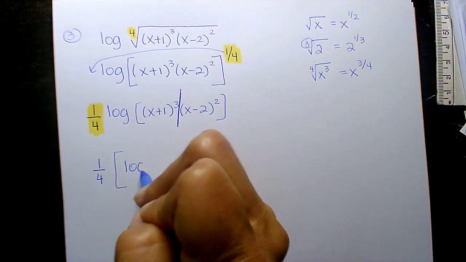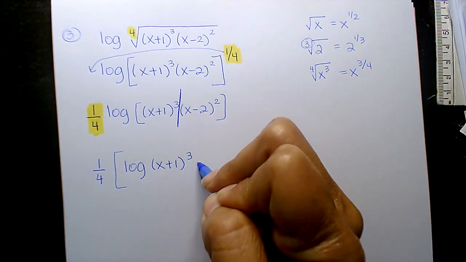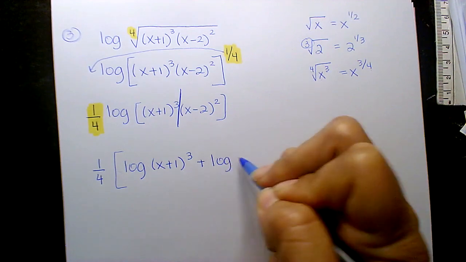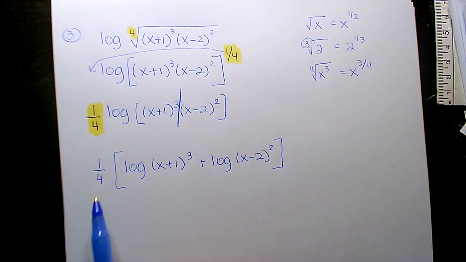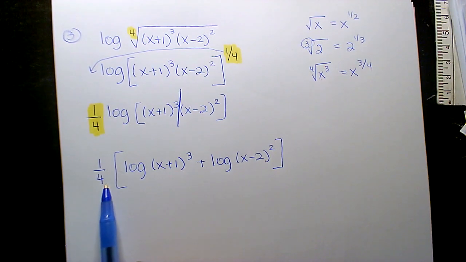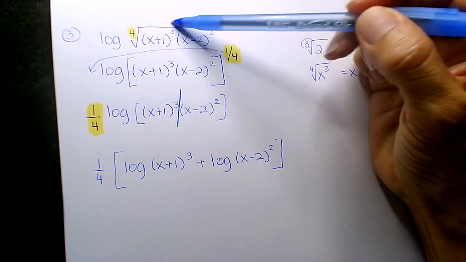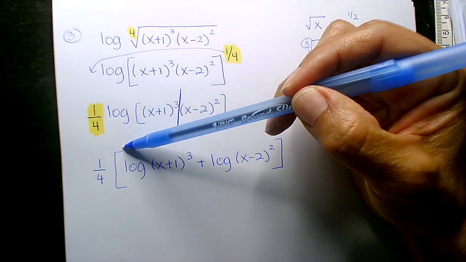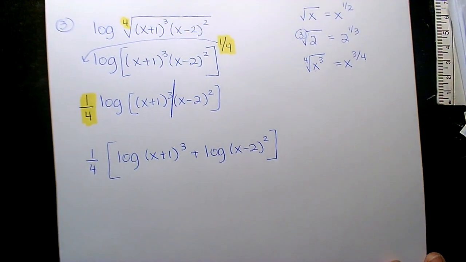And then log x plus 1 cubed plus log x minus 2 squared. And so that 1/4 is going to stay in the front, because it was all under that 4th root. That's why I have the bracket. Afterwards, I'll distribute it the other way. And you just have to give me whichever way you prefer. They're both correct.